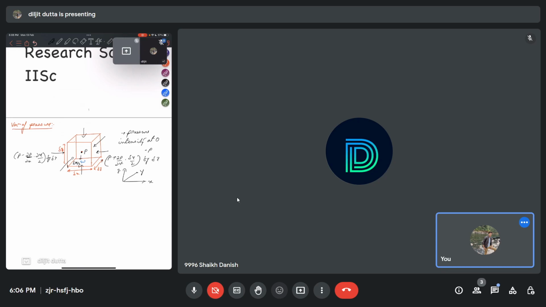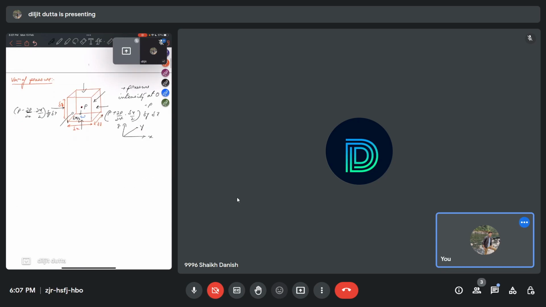So what is the variation of pressure? We have P at the center minus del P by del x into delta x by 2, because we have moved delta x by 2 and the variation per unit length is del P by del x. This is the pressure at one point on the surface.